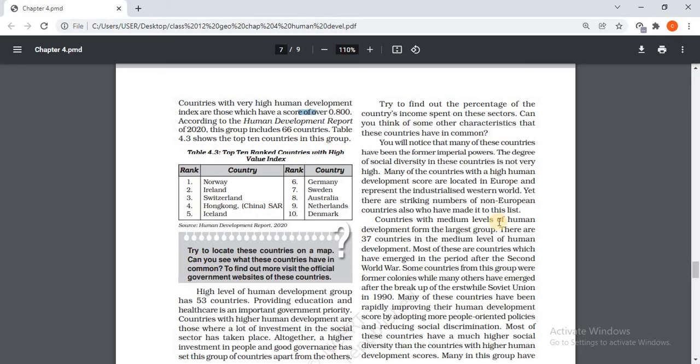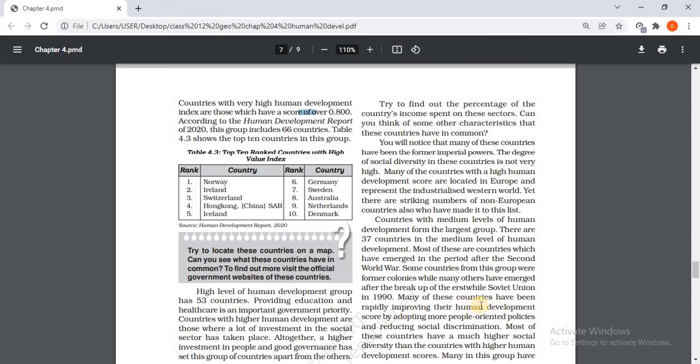Countries with medium levels of human development form the largest group. There are 37 countries in the medium level of human development. Most of these are countries which have emerged in the period after the Second World War. Some countries from this group were former colonies, while many others have emerged after the breakup of the erstwhile Soviet Union in 1990.